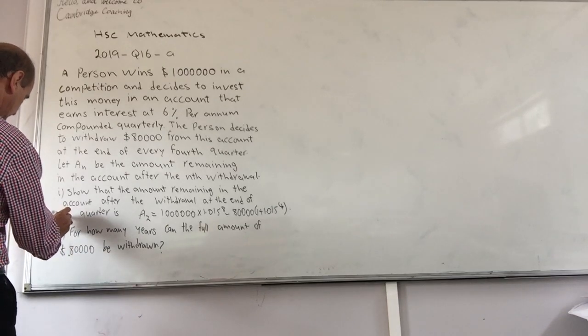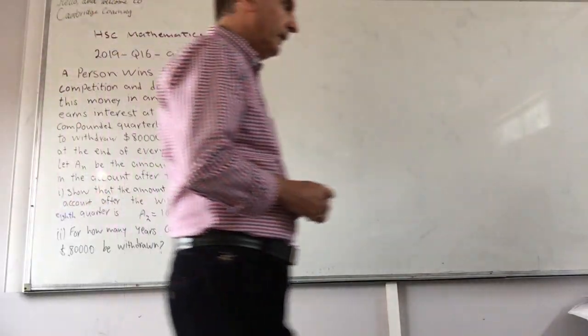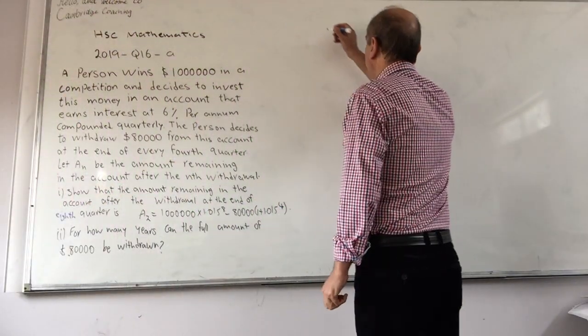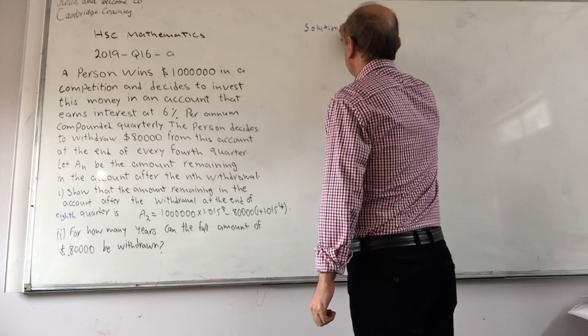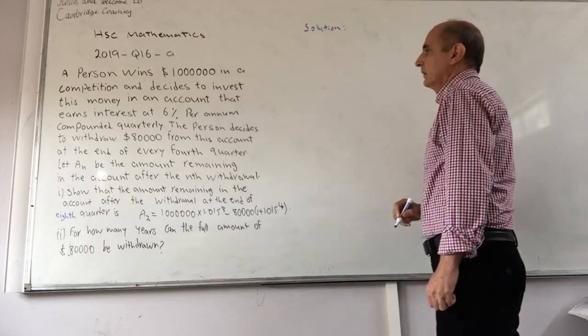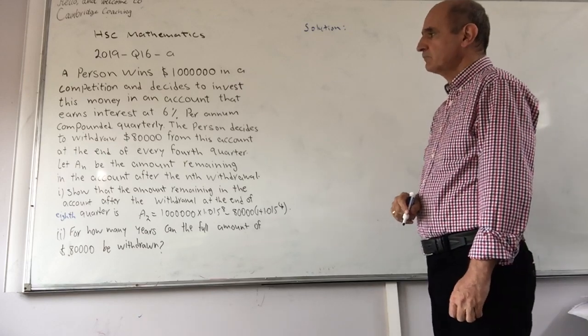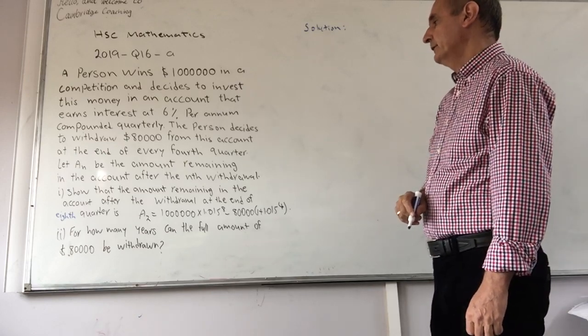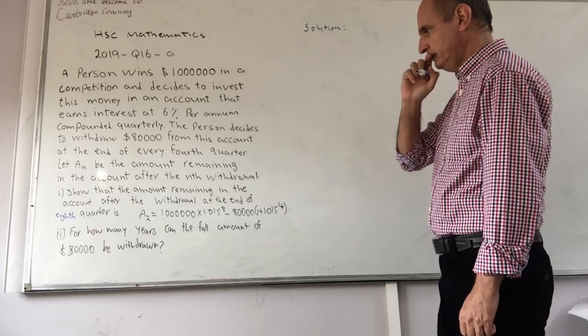Just fix that at the end of the 8th quarter. Alright, let the amount after the first withdrawal be A1.